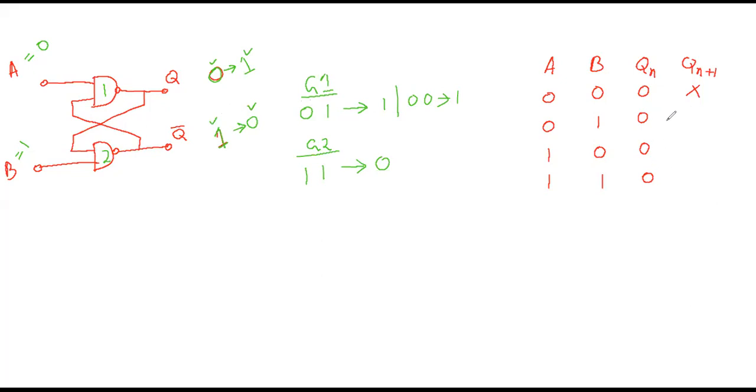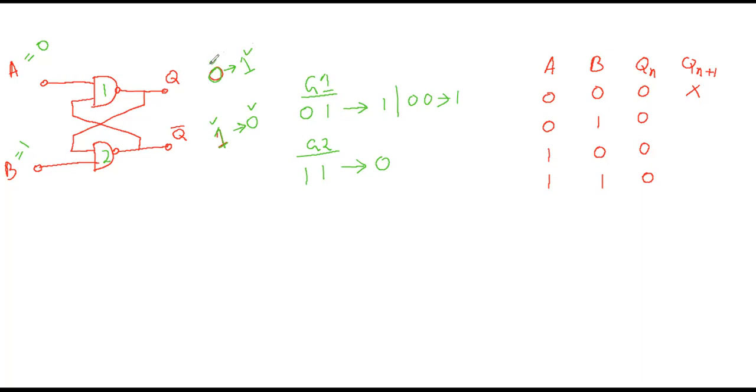That means this Qn, what I'm telling, this is Q. So Qn means this 0 and Qn plus 1 is, you tell me, Qn plus 1 is 1.